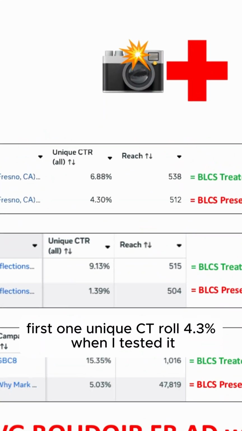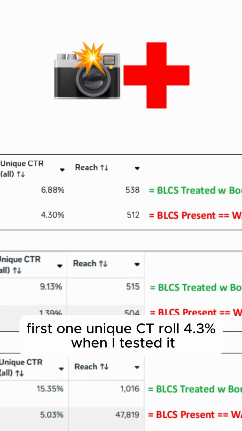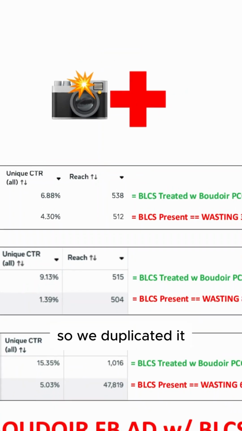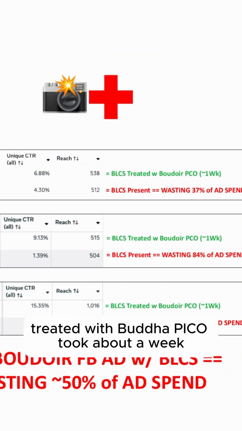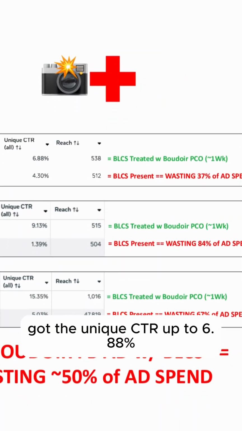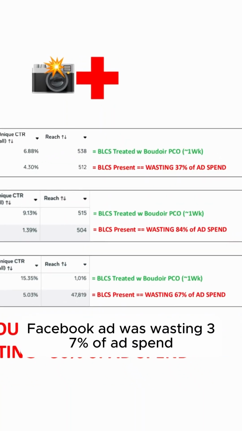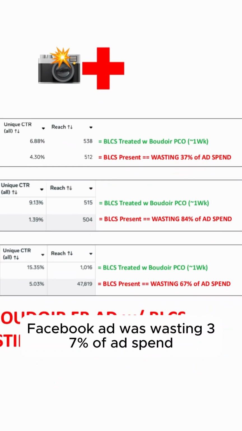First one, unique CTR all 4.3% when I tested it. Unique CTR all is under 6%, that means BLCS is present. So we duplicated it, treated it with Boudoir Pico. Took about a week. Got the unique CTR all up to 6.88%. So we found out the original Boudoir Facebook ad was wasting 37% of ad spend.